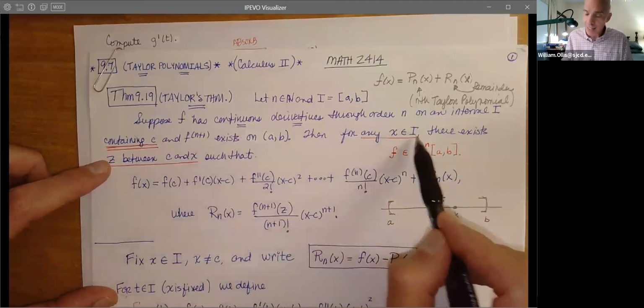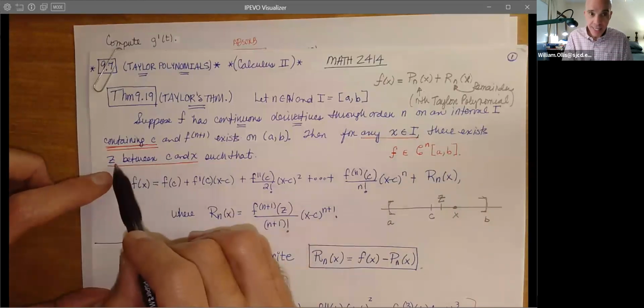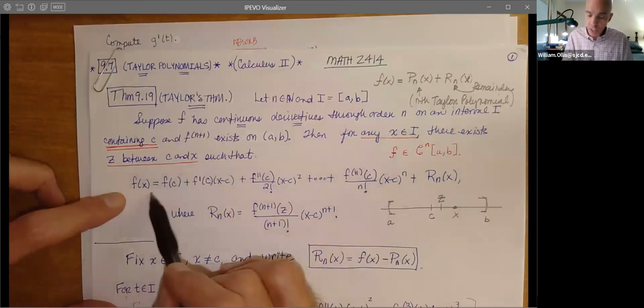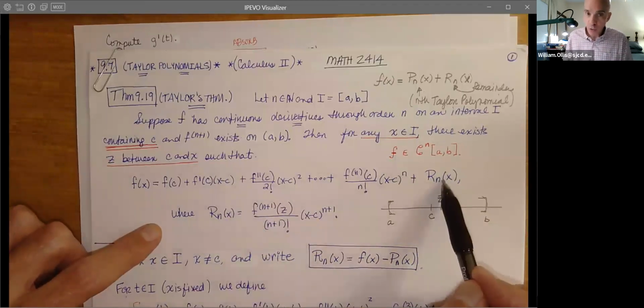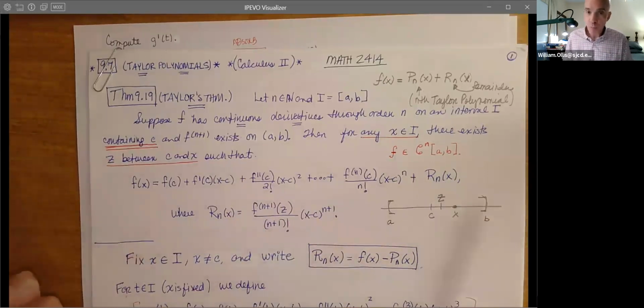Then for any x in I, there exists a z between c and x such that this is true. The Taylor polynomial plus the remainder, and boom, that's what the remainder looks like. And that's a possible configuration of the c, the z, and the x.